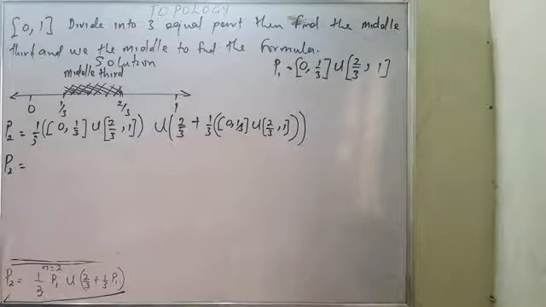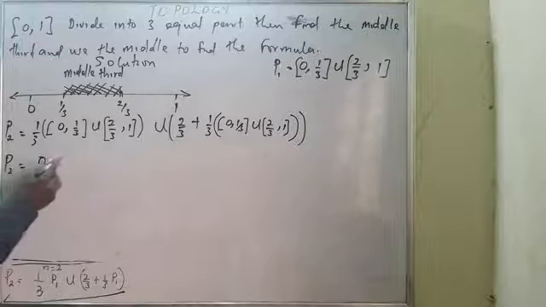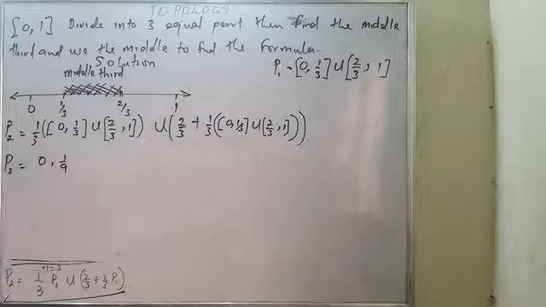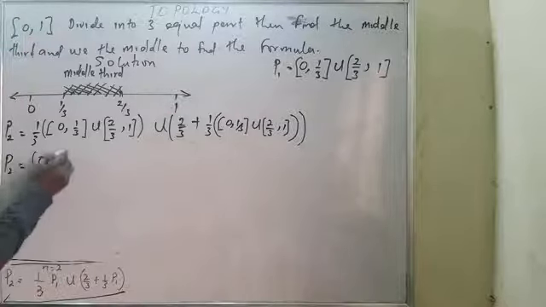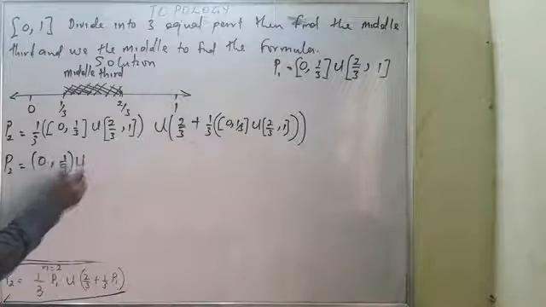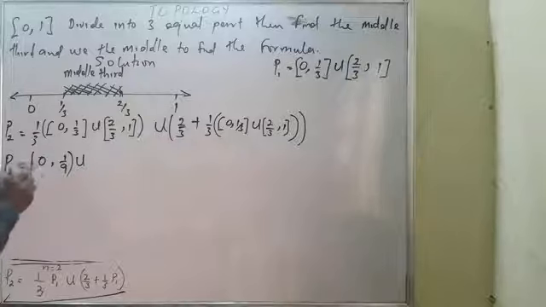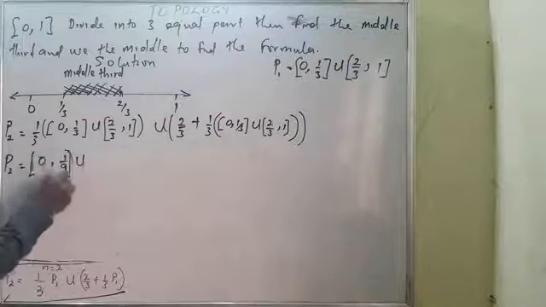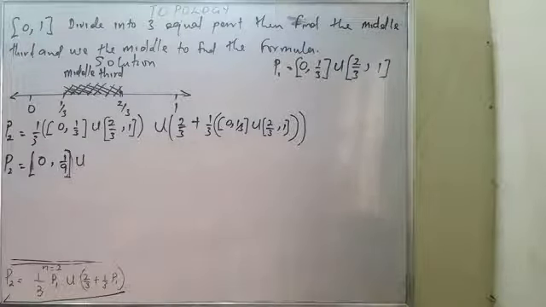My P2, I need to open the bracket also. I need to open this multiplied by this. I have 0, 1 all over 9, junior.